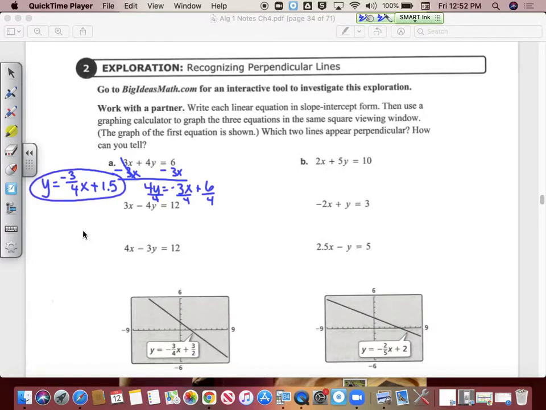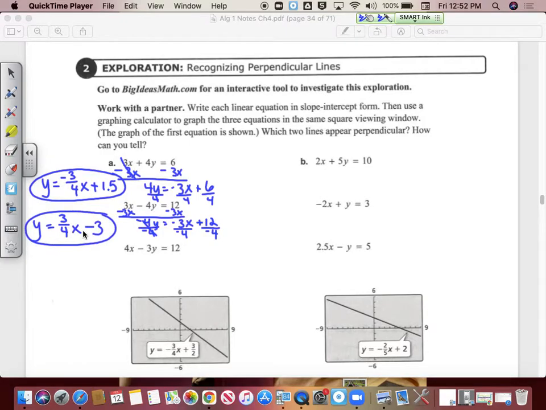Okay, the next one, same process, subtracting 3x from both sides first. I get negative 4y equals negative 3x plus 12, and then dividing everything by negative 4, a negative 3 divided by negative 4 turns into a positive 3/4 x, and then 12 divided by negative 4 is minus 3.